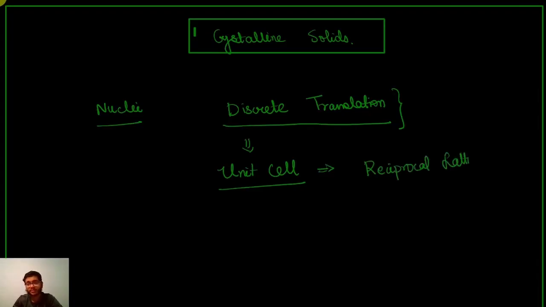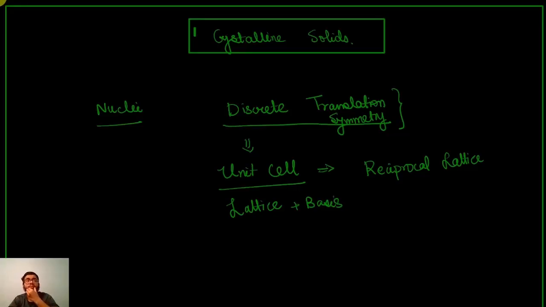So, discrete translational symmetry is why it has a unit cell, it also has a lattice, and it has lattice vectors. It has lattice plus basis. Unit cell is lattice plus basis. And from the unit cell, due to the periodicity, we also got a reciprocal lattice, right?